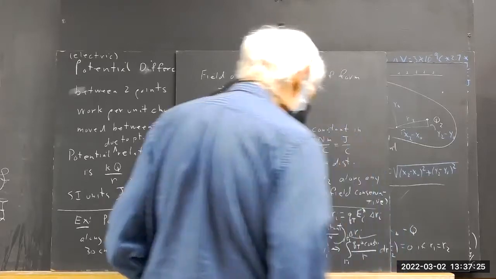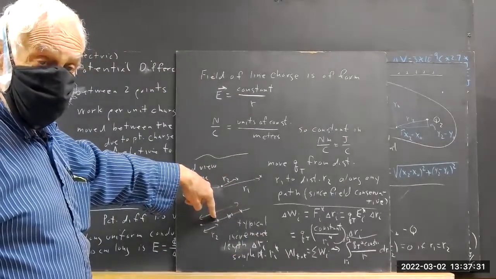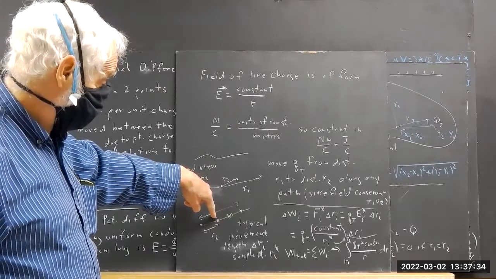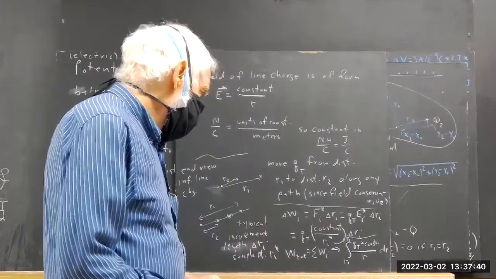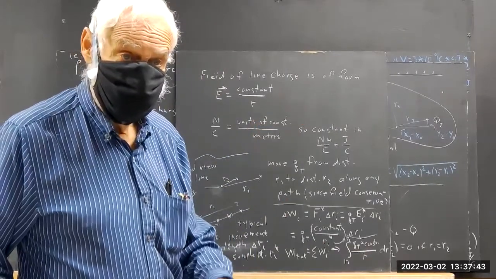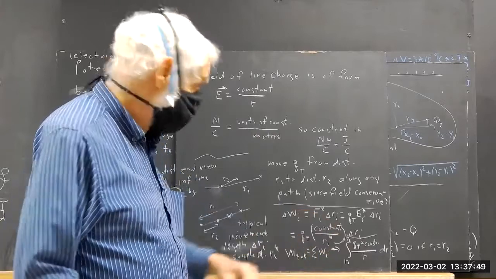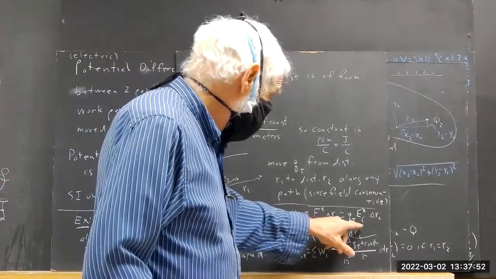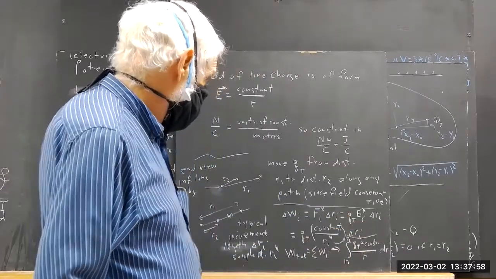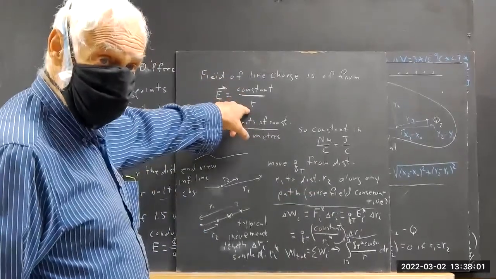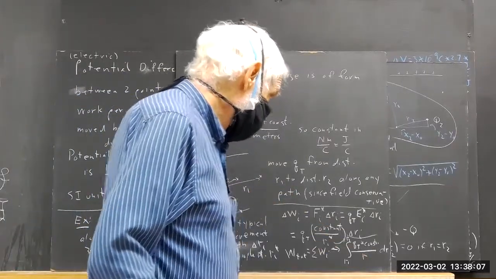We partitioned from R1 to R2. So when we sum the work contributions of the increments, which are force times distance on the increment, with force being the test charge times the electric field, and the electric field being some constant over the distance R_i, we sum all that up in the usual manner and we get this integral.